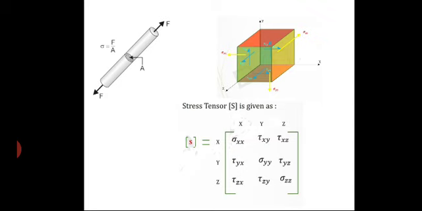If I mount it in the horizontal direction, I can determine sigma x, that is the stress along the x direction. If I mount it in the vertical direction, I can determine the stress along the y direction. But for a component like a 3-dimensional body, I need to determine the stress at different points.